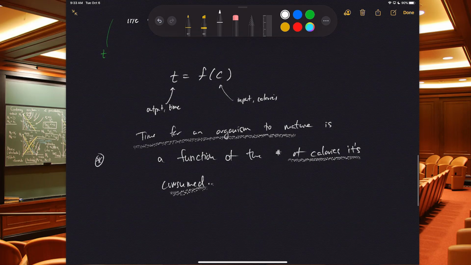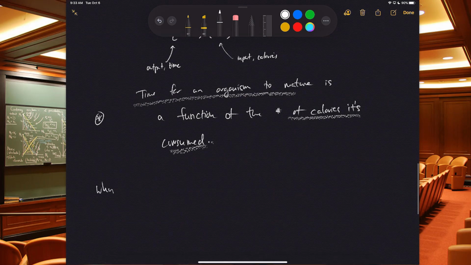So why is this a natural fit? Well, it would seem that the number of calories consumed is independent, right, of the time it takes to mature. I think you'd have to jump through a lot of hoops to make that case as not being true. So the number of calories being consumed is independent of time to mature.